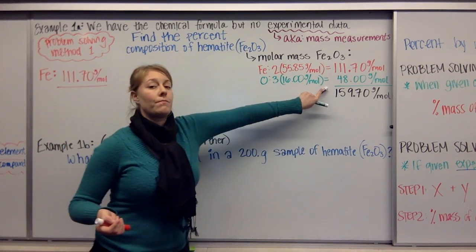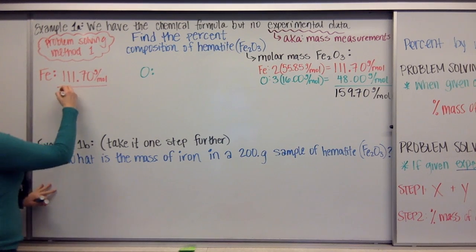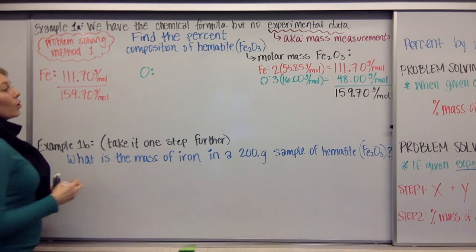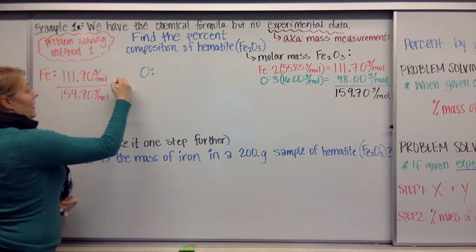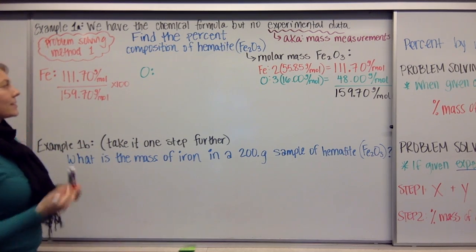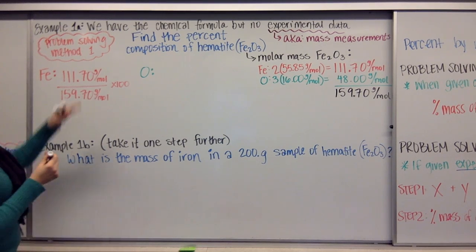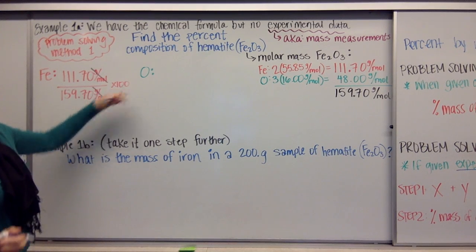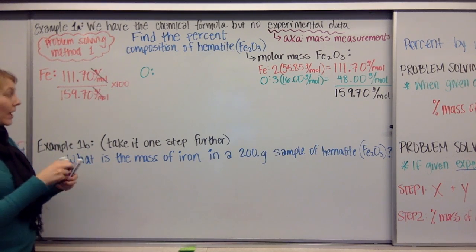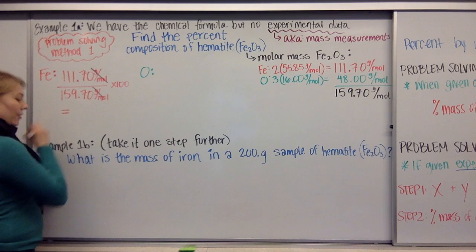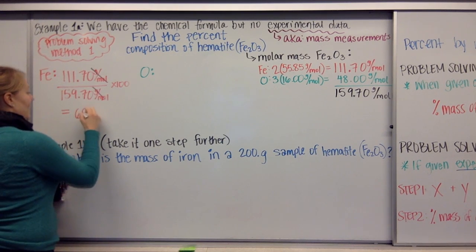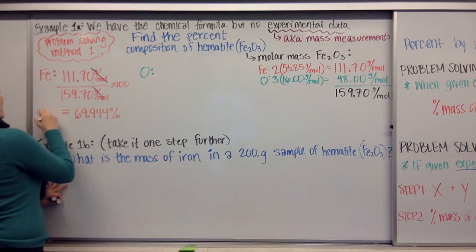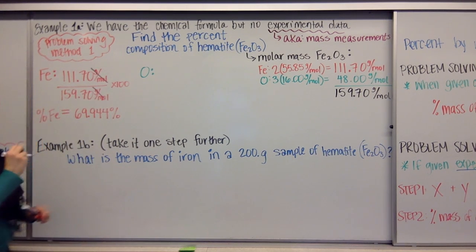We already figured that out: 159.70 grams per mole. We also need to make sure that we're multiplying by 100. That's the only way we get it into a percent. Notice that we have grams per mole on top and bottom, so that unit crosses off. The 100% will give us a unit as a percentage. When we calculate this out, we get 69.944%. This is the percent of iron in Fe2O3.